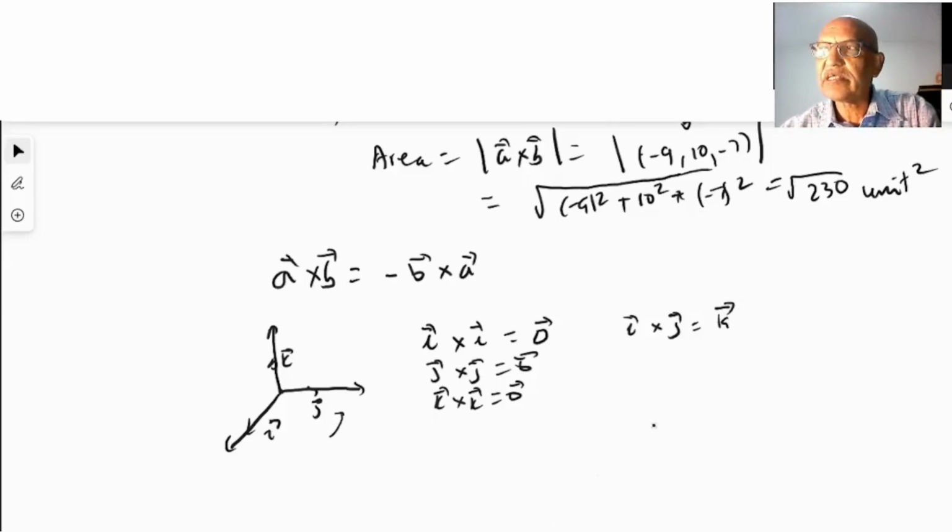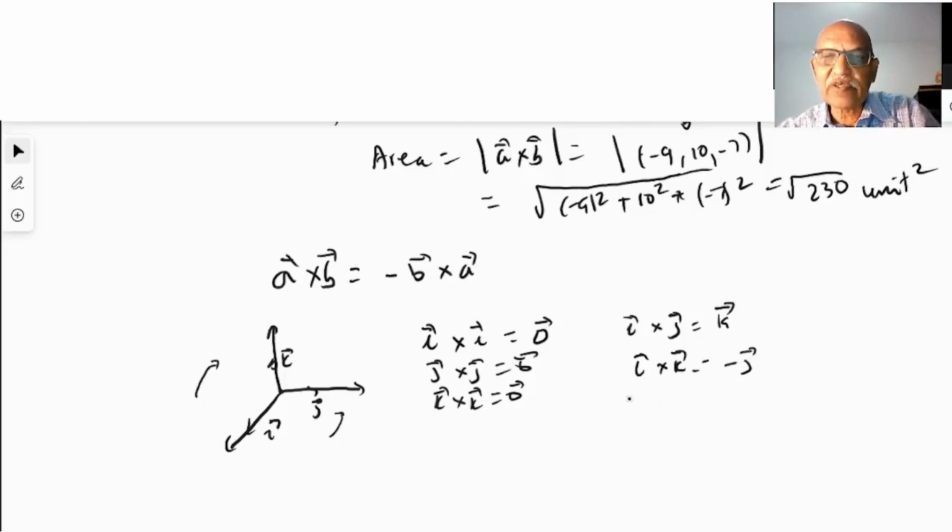If it was i cross k, going this way here is clockwise, and clockwise we said is going down, the third vector perpendicular to both of them. Therefore, i cross k will be the third vector with the opposite sign, which is minus j.